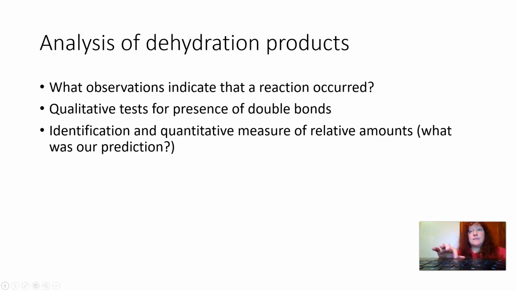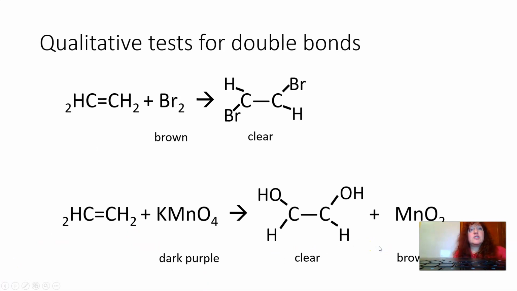The qualitative test, remember, the difference with qualitative tests is it's just asking the question, yes or no, is something there? So this is asking, yes or no, is there a double bond present? There are two different tests that you would be doing. So you would take some of your distillate and you would drip into it some bromine and chloroform.